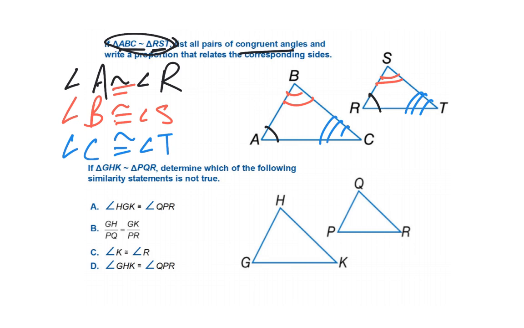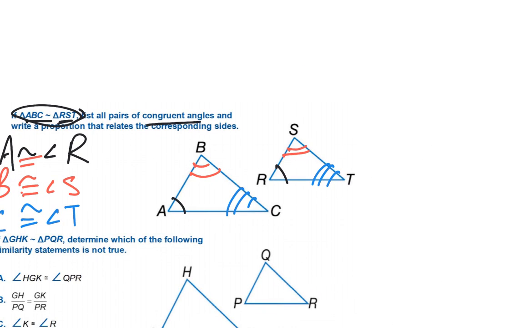So here, let's write our proportions. I'm going to scooch over here. I'm starting with side AB. What does side AB match up with? RS. The proportion is equal to, pick another side for me. Any side.